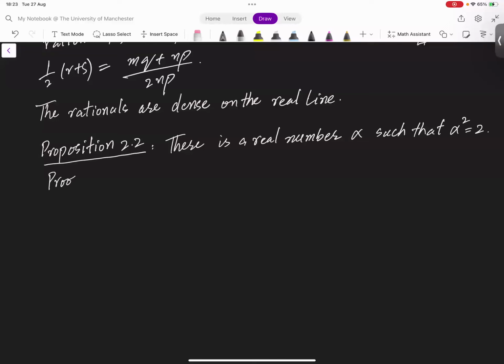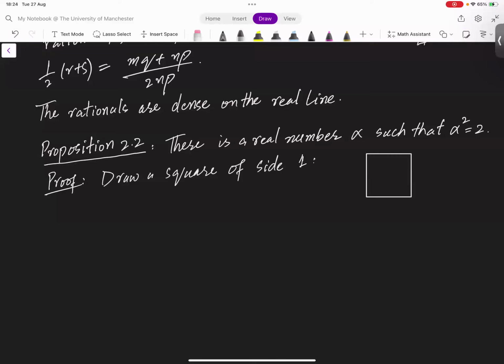And to prove that, we draw a square of side 1. Let's draw that. Hope it looks like a square.